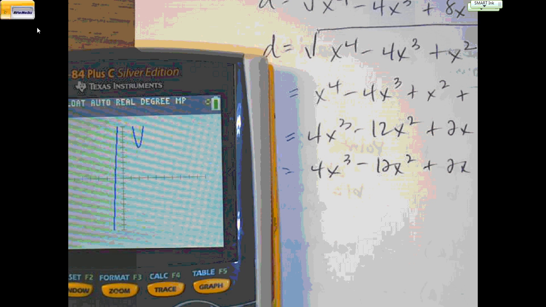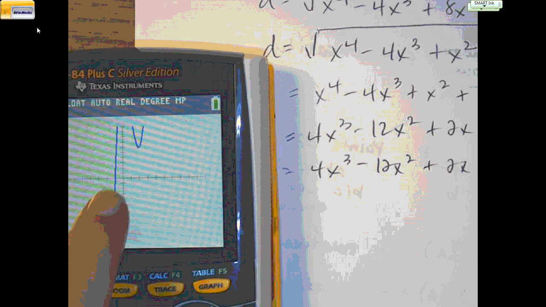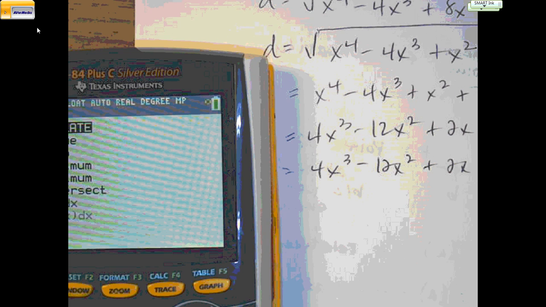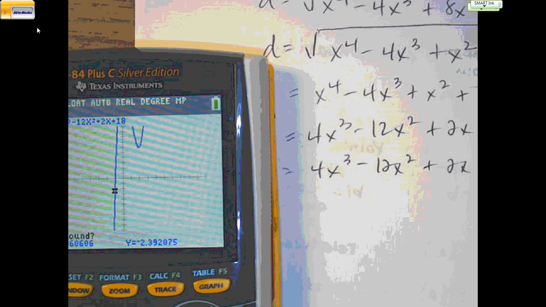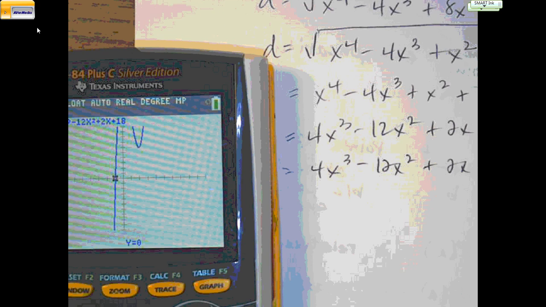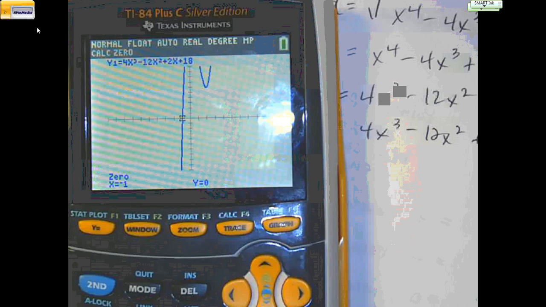Looks like we're crossing at this one point back here, which I'm wondering if that's a -1. Let's see. Yep, it's at -1 exactly.